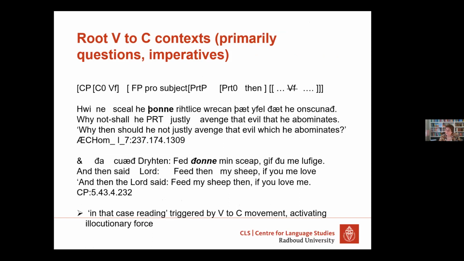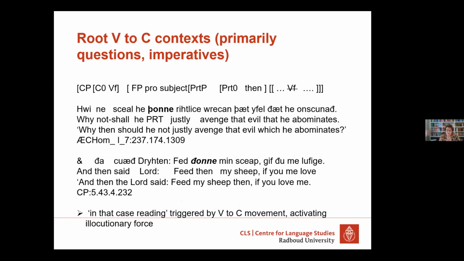Okay, the restriction to root V2C contexts. As we saw just now, thona occurs with some considerable frequency in questions and imperatives. So here are two examples. One of a question: why not should he then rightly, justly avenge?